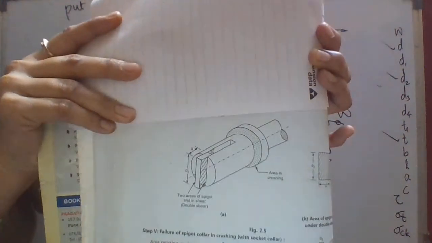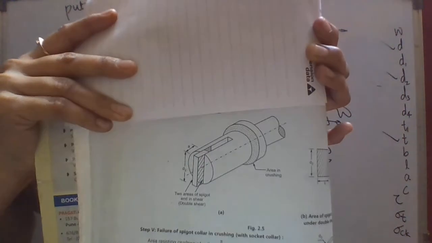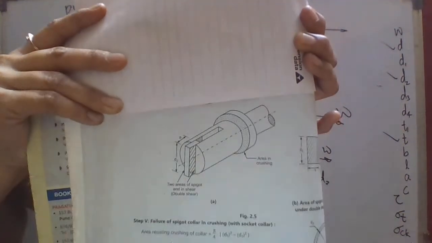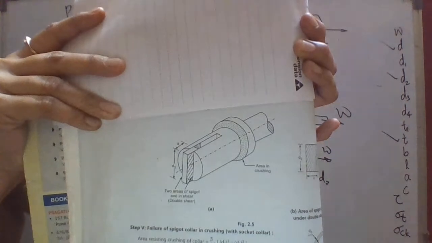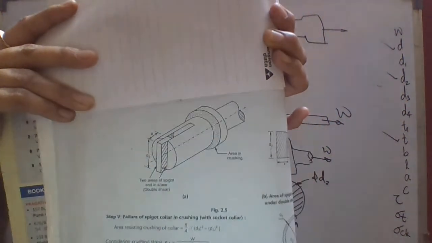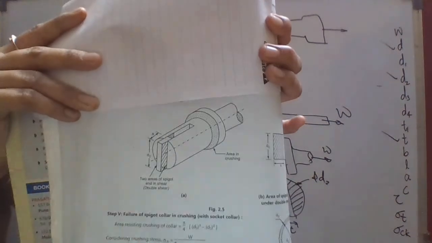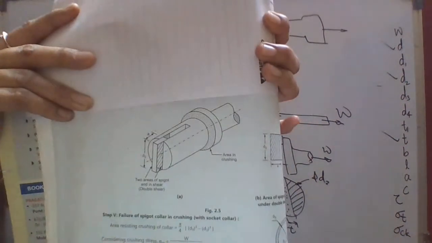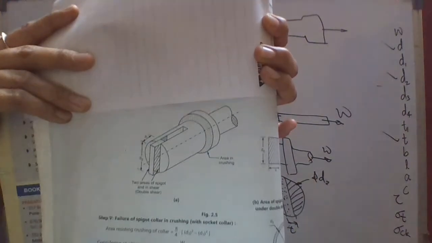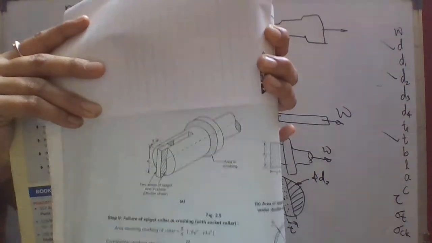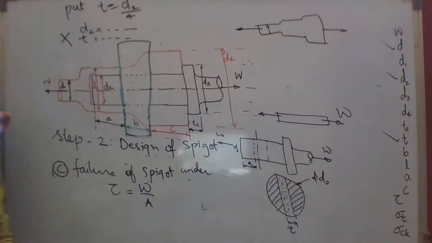The area of the spigot which is under shear, is it a into d2? Will it be a into d2? Those two rectangles, and it will be 2 into a into d2 because it will shear from both the sides. You can call this double shear. You have already learned the double shear.